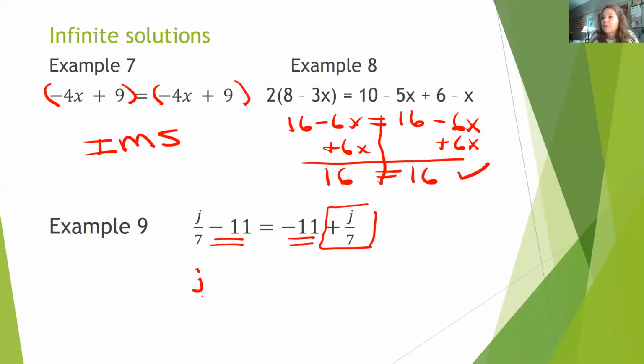If I wanted to rewrite the second one and bring my positive fraction up to the front and bring my negative constant to the back, I would go, oh, well, look at that. They are exactly the same. So that means an infinite number or infinitely many solutions, okay?